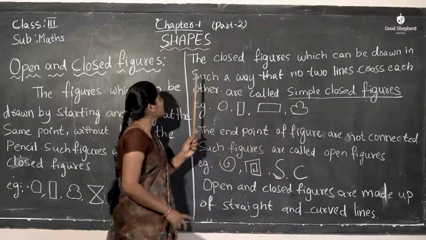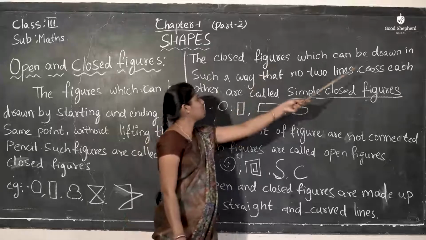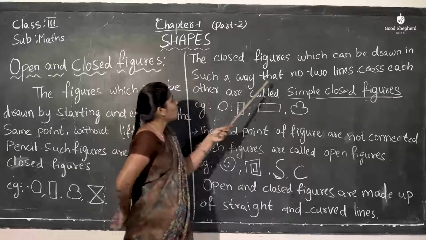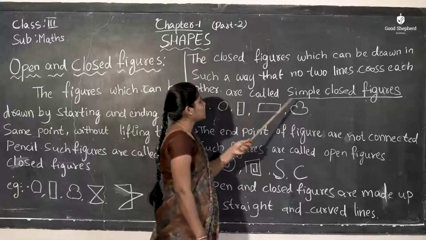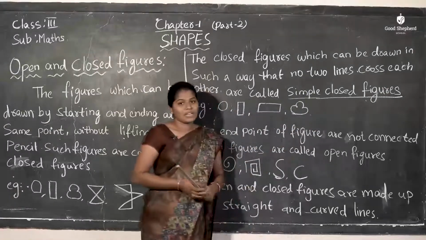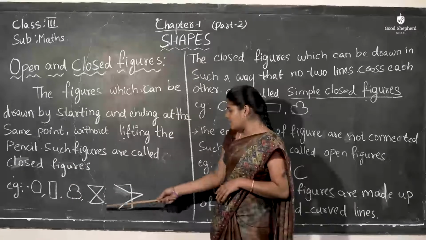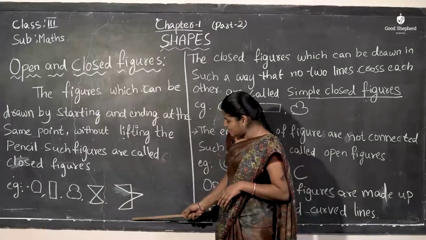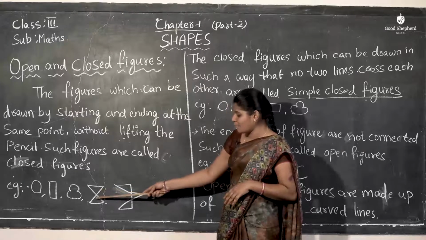Next, coming to simple closed figures. Closed figures which can be drawn in such a way that no two lines cross each other are called simple closed figures. In closed figures, we have seen some figures. Here, in this figure and this figure, two lines are meeting at some point.